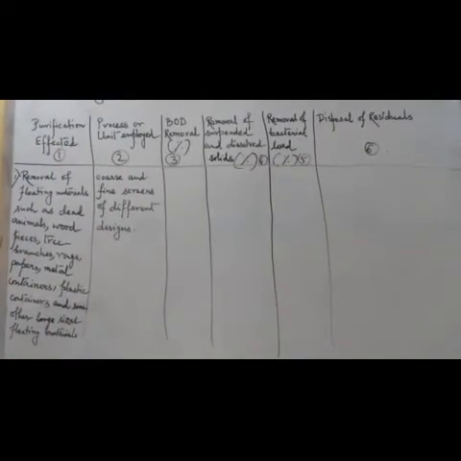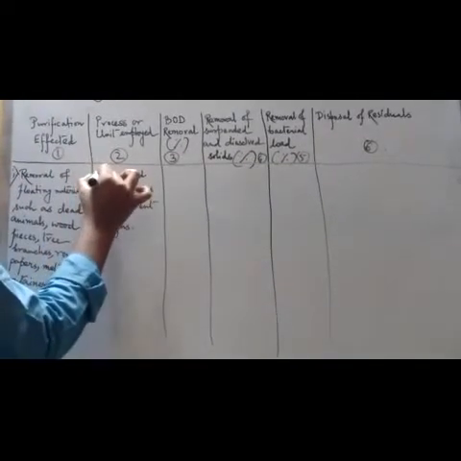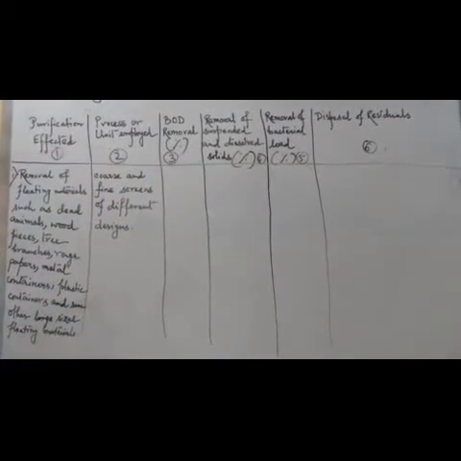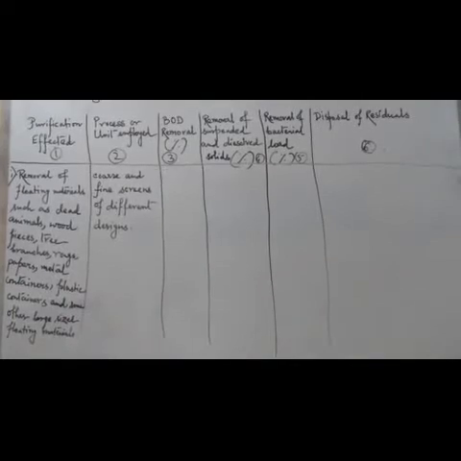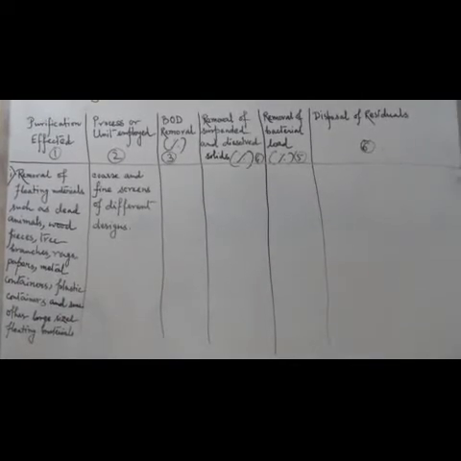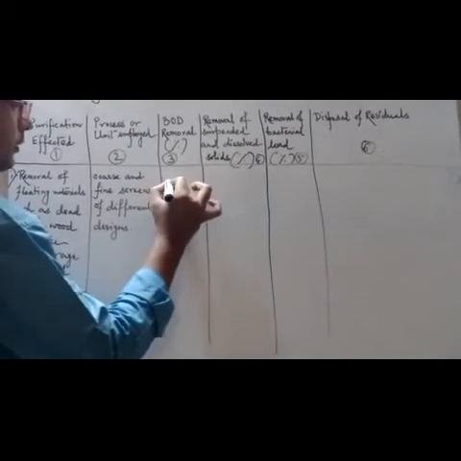These are the process or unit employed. What is the efficiency of removal? That is 5 to 10%.